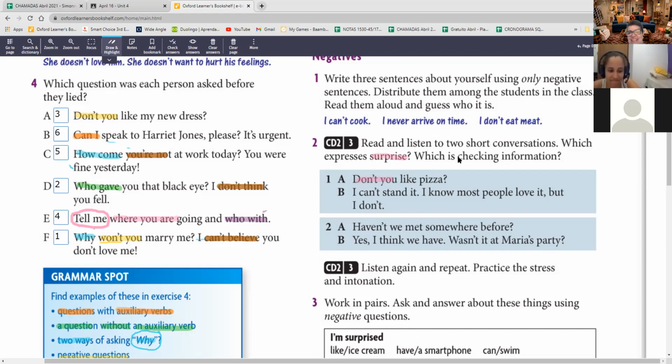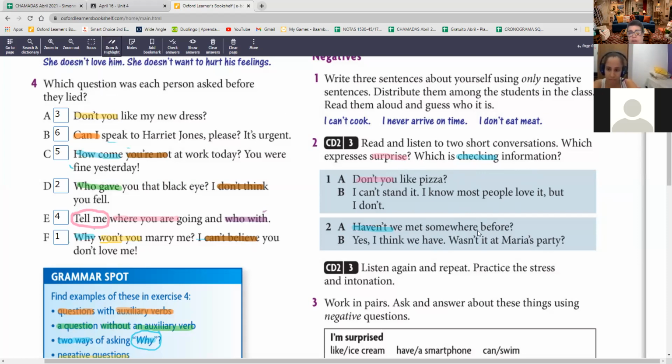Yes, great. So here we can see that we have two reasons to start a question with a negative verb, or to make a negative question: either because we are expressing surprise or because we are just checking information. This is what they want us to notice.